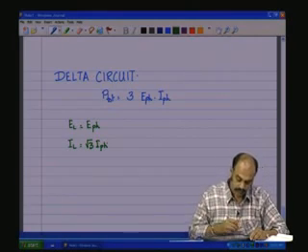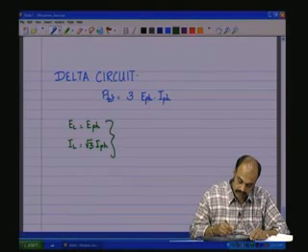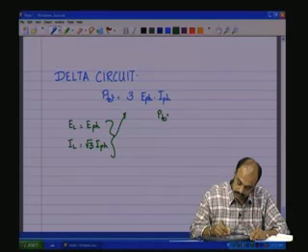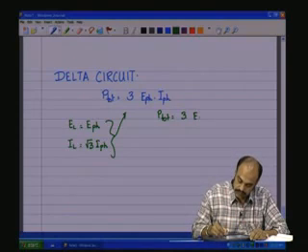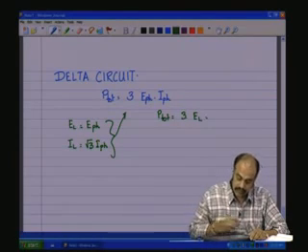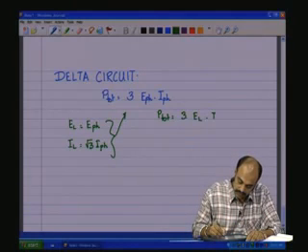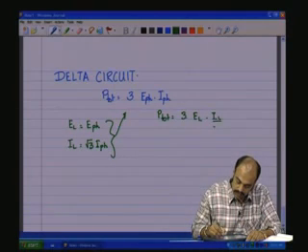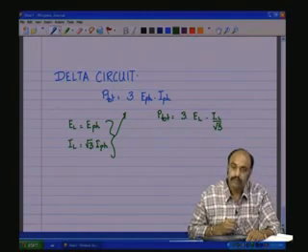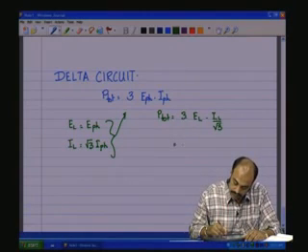This we saw. So, substituting this here, we have P total is 3 times E phase, which is same as E line. So, we write it as E line in terms of the line parameters, and I phase, looking at this equation, is I L by root 3. So, this gives you the same relationship, E L into I L.